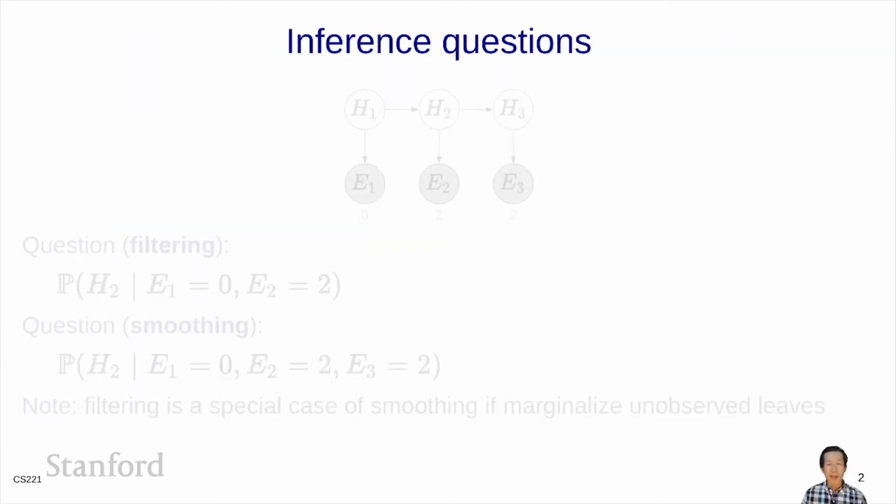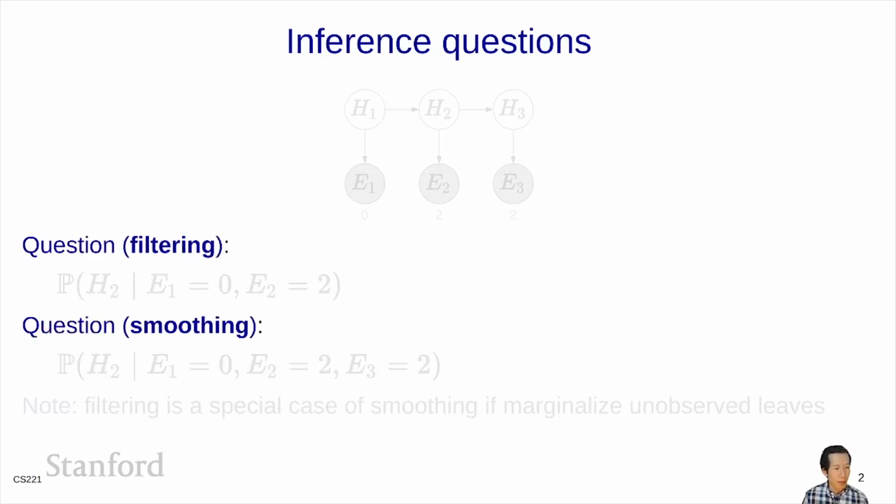So now let's ask questions about our hidden Markov model. There are two types of questions which are common. One is called filtering, and the other is called smoothing. The filtering question is something like this: I'm interested in a particular object location at a particular time step, h2, given some evidence, which is all the sensor readings that I've seen before that.